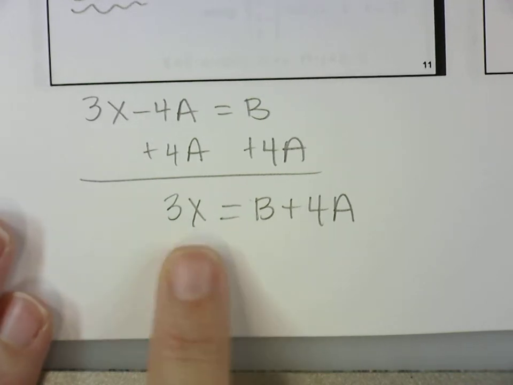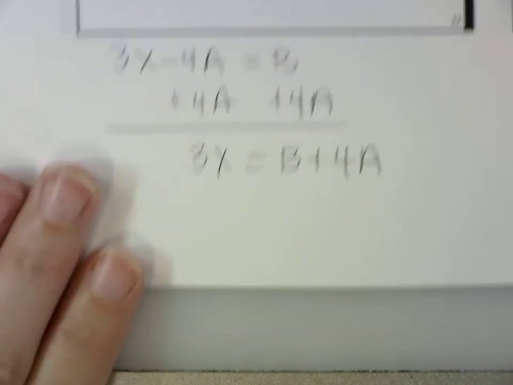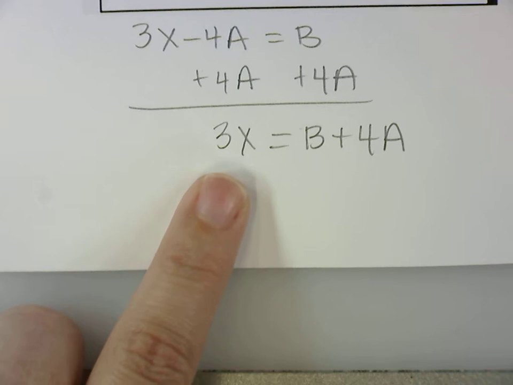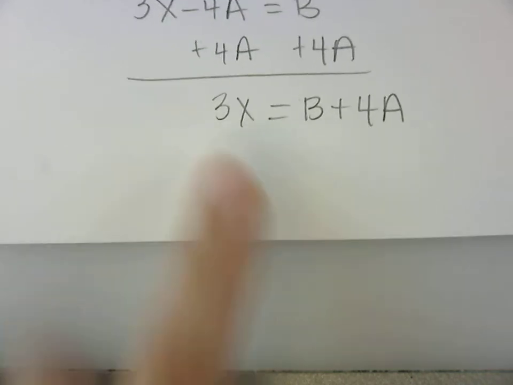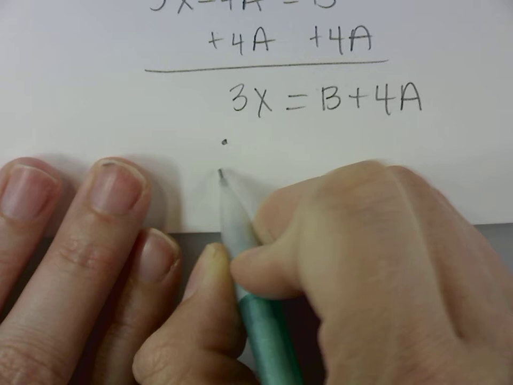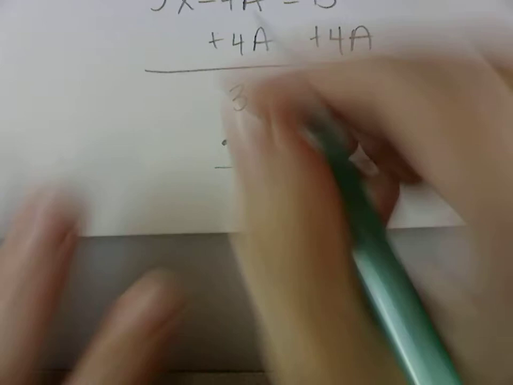If you have 3 times X, what can you multiply by to get rid of the 3? Three times what is going to be 1? 1/3, okay? So you're going to multiply both sides by 1/3.